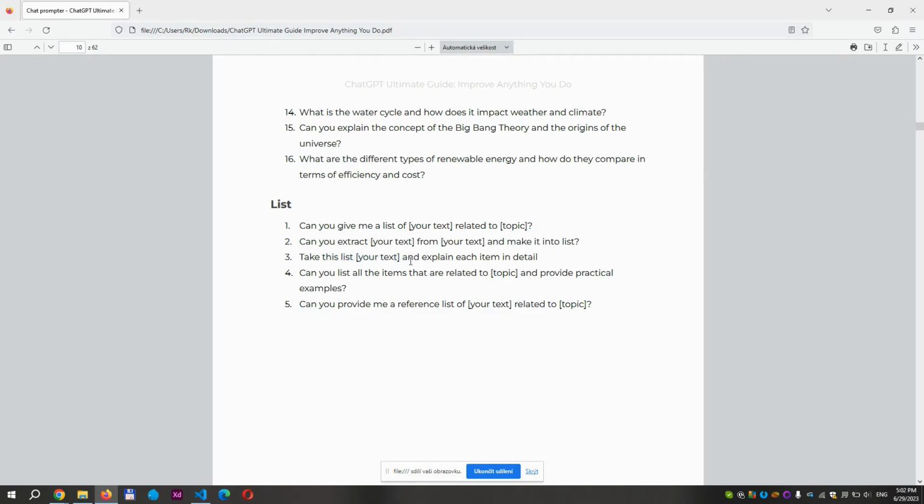Take this list that you provided and explain each item in detail, or you can give it a text and ask ChatGPT to make it into a list or extract the key information into a list. Then it straight away gives you bullet points of what you are asking. So that's more of a format of the output it gives you. So it's not just a paragraph of text, but bullet points which you can copy out and use straight away.